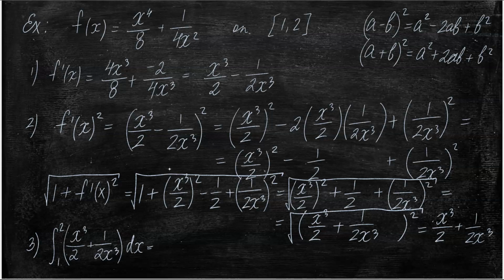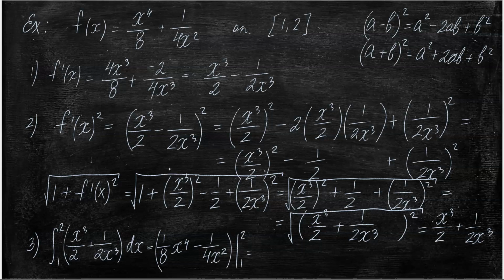So for this one, we probably don't need technology. We have 1/8 x to the 4. And here we're going to have minus 1 over 4x squared, which should look familiar, and we evaluate all that between 1 and 2.